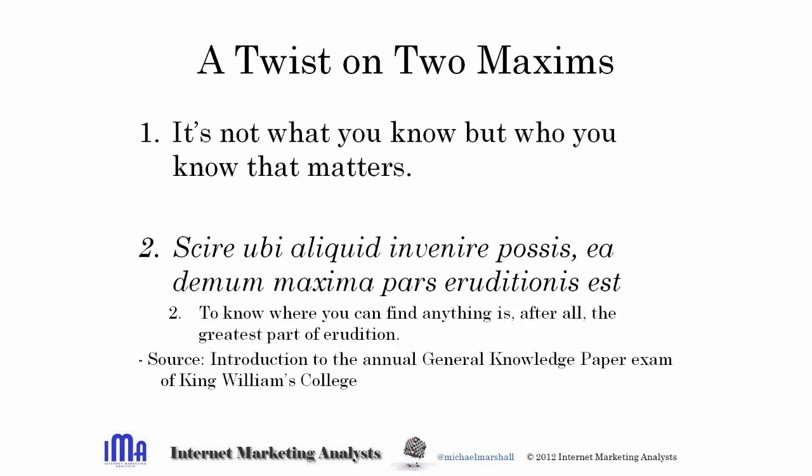When it comes to keywords and reaching your target audience, a twist on this maxim gets at a common mistake that people make. When they're trying to figure out what key phrases do I want to go after, they think about what they know about their industry, what they know about their company. And they start thinking, well, I know that these words are important, and this is how I would search if I was looking for something.